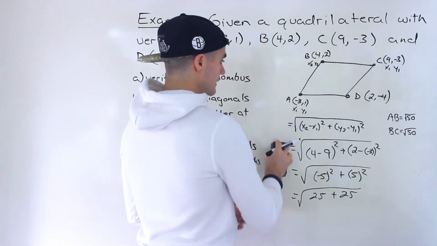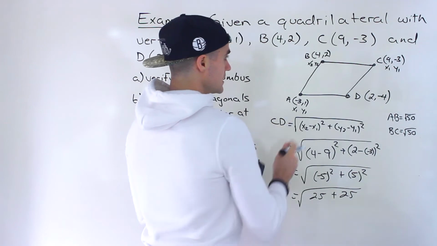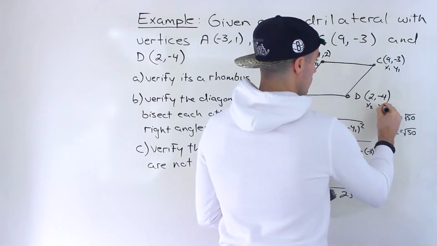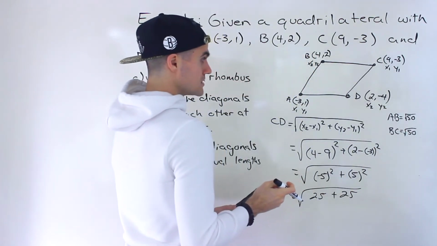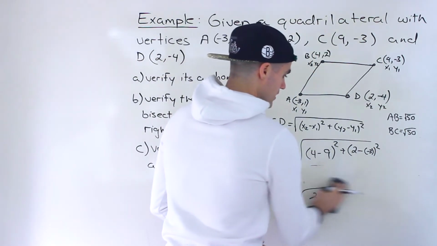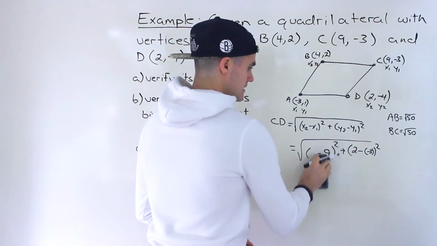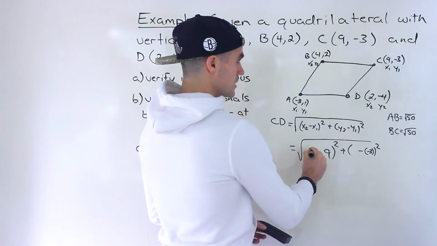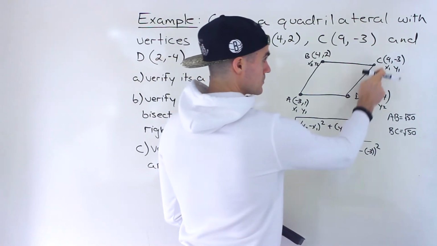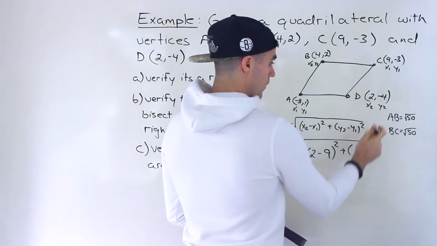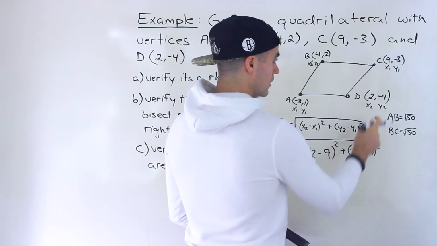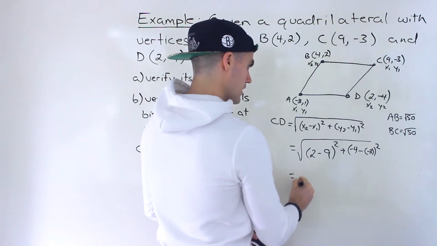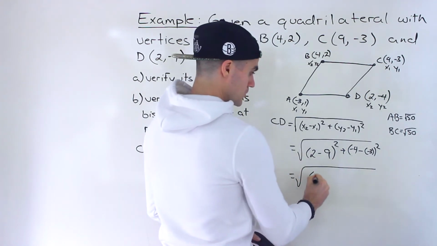And then let's find the length of CD. So we got x1, y1 for C, so let's label x2, y2 for D. Okay, so what's going to change is this over here, right? So the x2 is going to be 2, right? 2 minus 9, x2 minus x1. Then we'll have y2, which is -4, minus y1, which is the -3. So over here, we'd end up with 2 minus 9, which is -7.